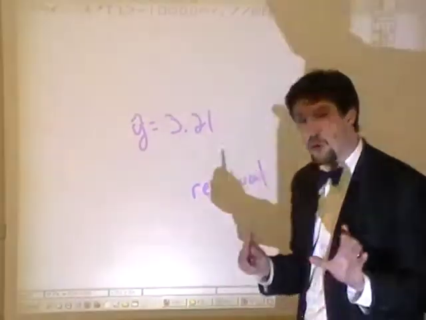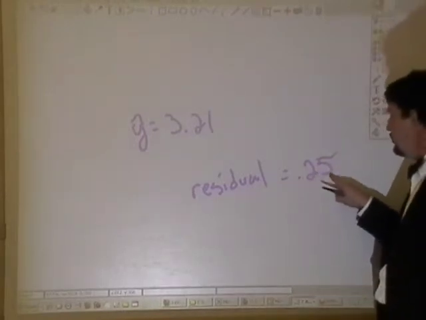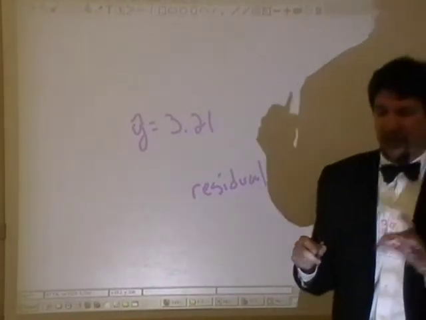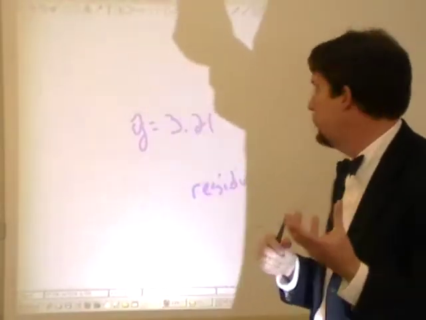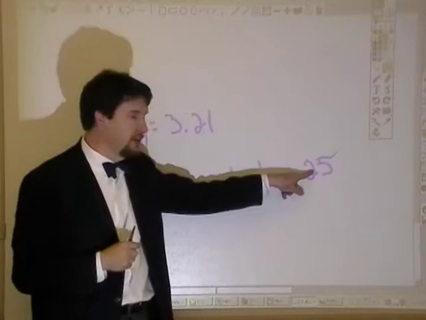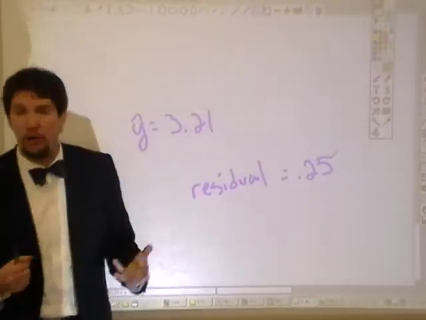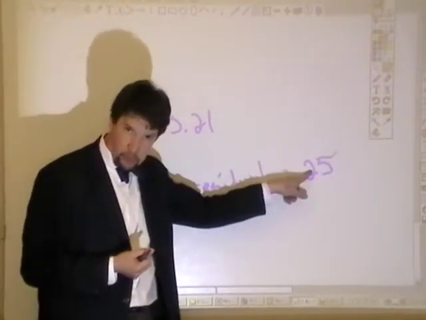And the answer is, well, of course I can. Because here I know that the residual is 0.25. So the first thing I need to think is, does that mean that the observed value is going to be above or below the line of best fit? Since my residual is positive, that means that the observed value is going to be above the line of best fit. How far above the line of best fit? 0.25.